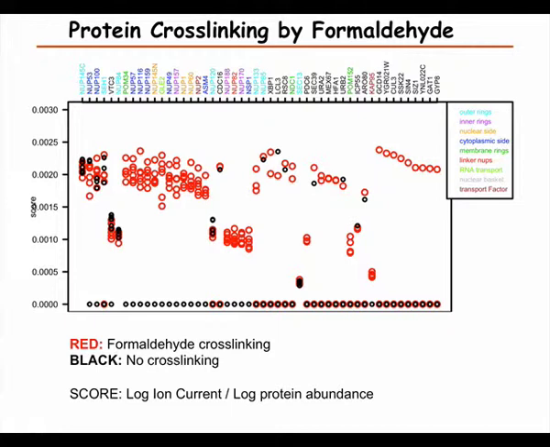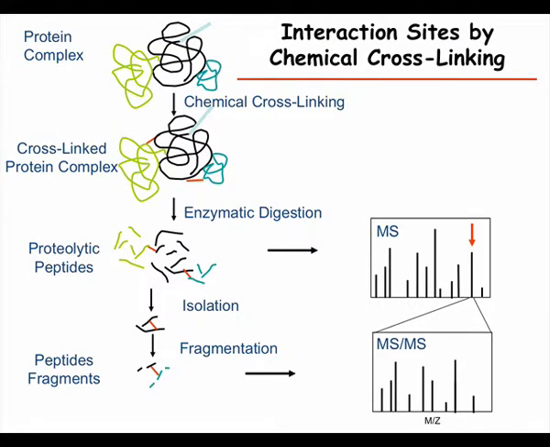Actually, people have been working with cross-linking for many, many years, but it's really only recently that several labs developed methods to make it much more generally applicable. Especially, what people are interested in is finding the actual interaction sites, to use it to determine the structure of one protein or find the interaction surface between two proteins.